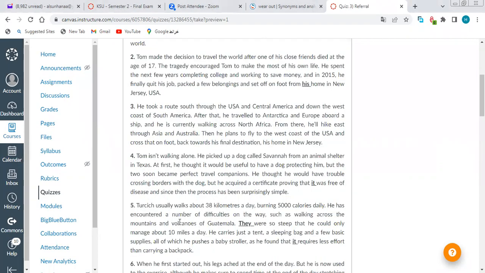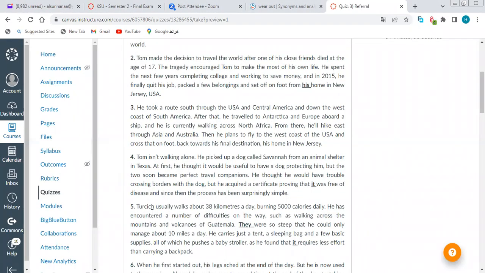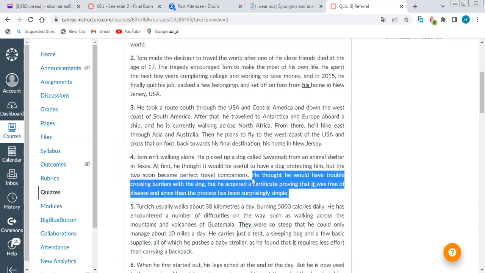So here, "it" refers to what? As you see here, I have to read the sentence from its beginning. He thought he would have trouble crossing borders with the dog, but he acquired a certificate proving that it was free of disease.